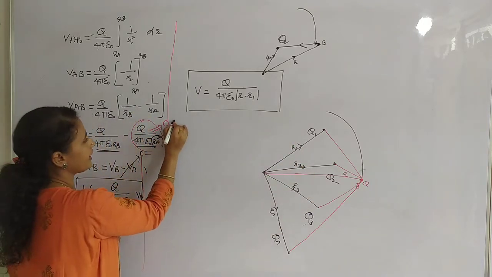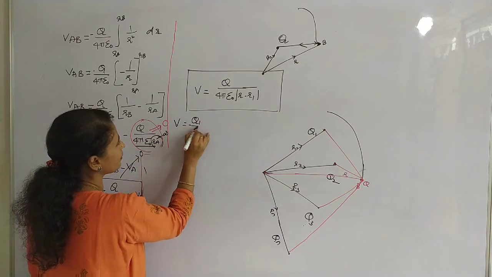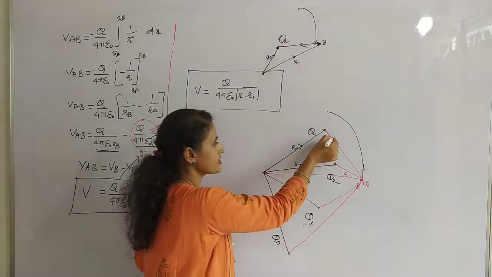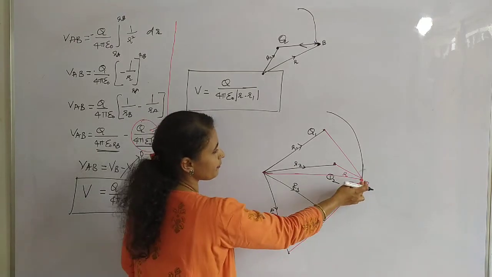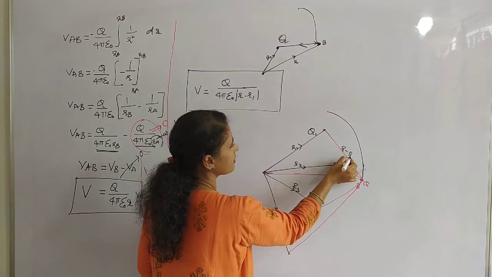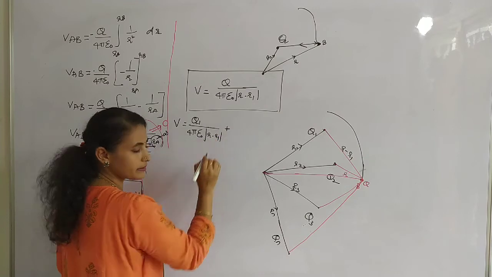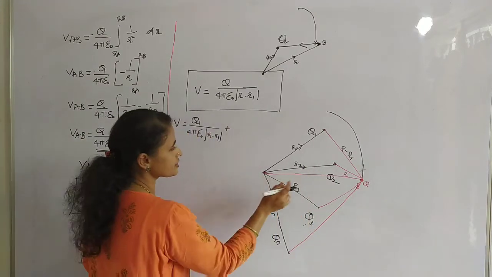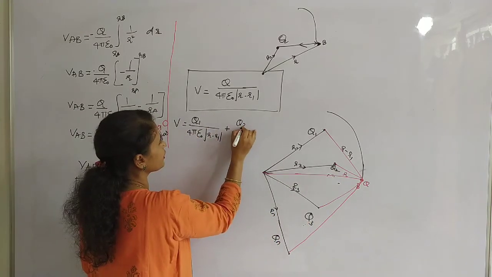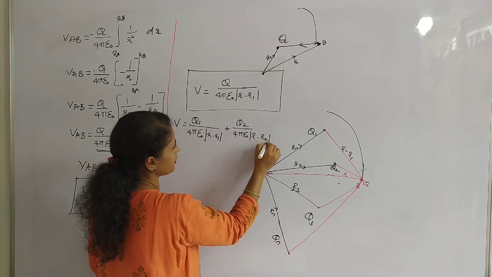So I can write V, due to the first charge, as Q1 upon 4 pi epsilon naught times the resultant distance, which is the magnitude of R minus R1, plus, because of the second charge Q2, Q2 upon 4 pi epsilon naught times the magnitude of R minus R2.